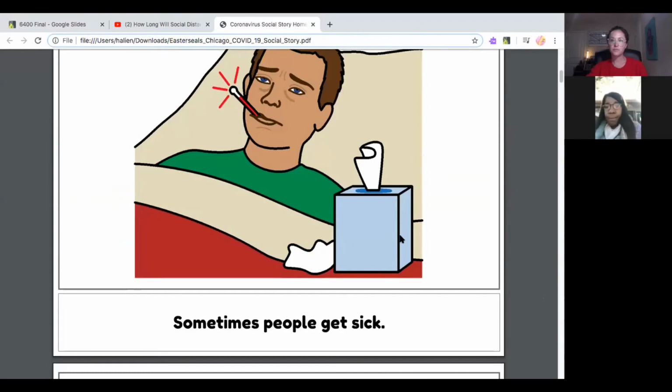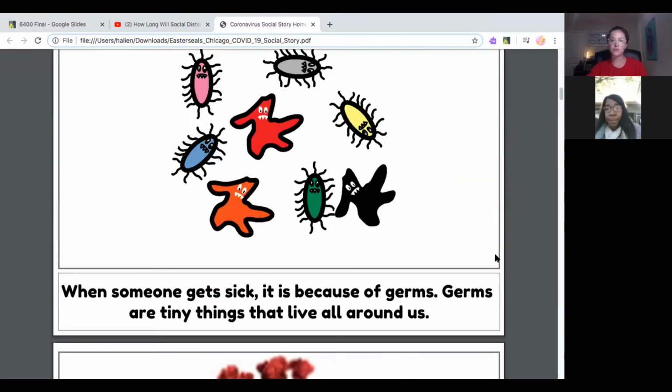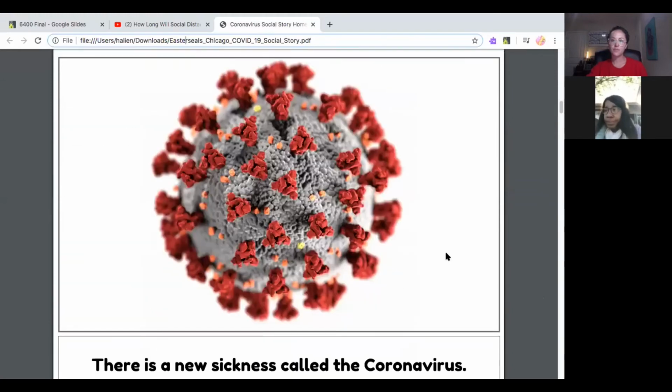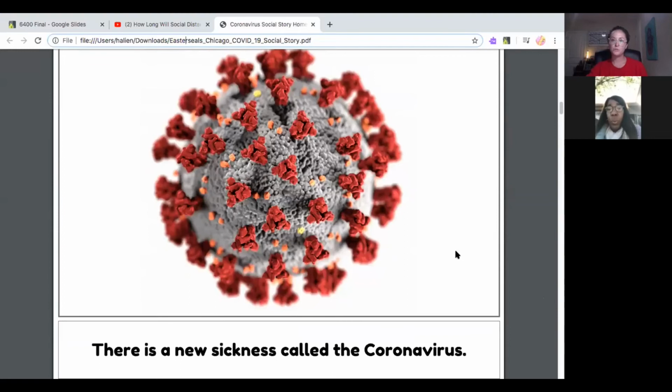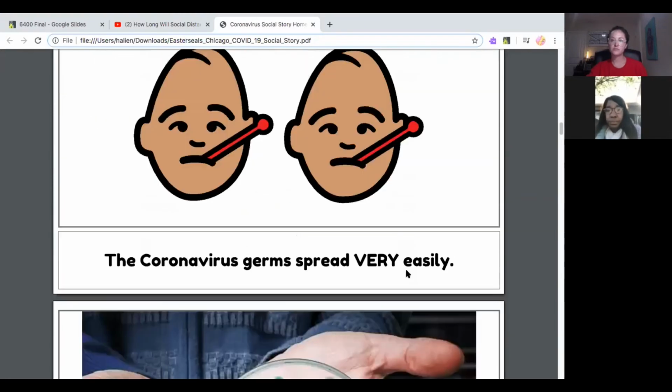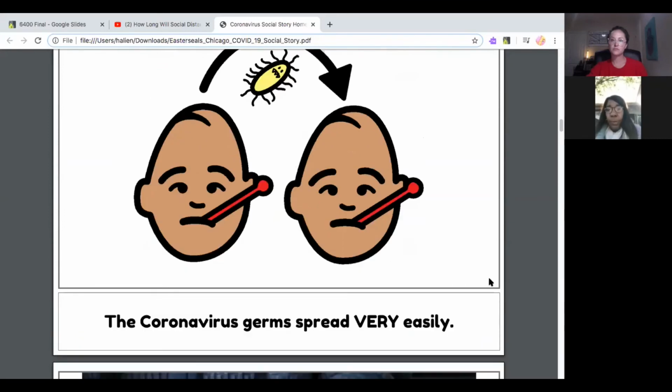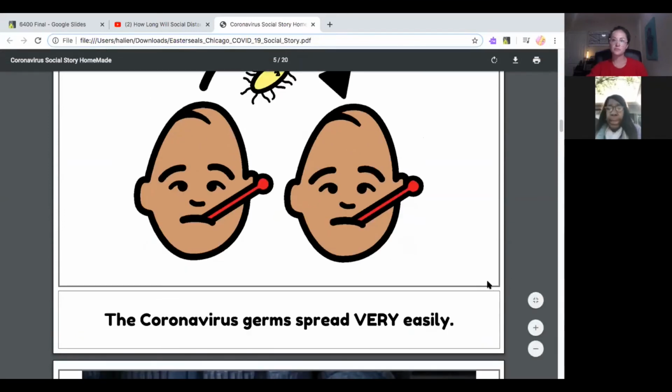So here we are. Sometimes people get sick. When someone gets sick, it's because of germs. Germs are tiny things that live all around us. There's a new sickness called the coronavirus. The coronavirus germs spread very easily.